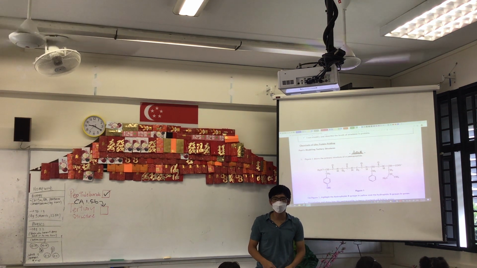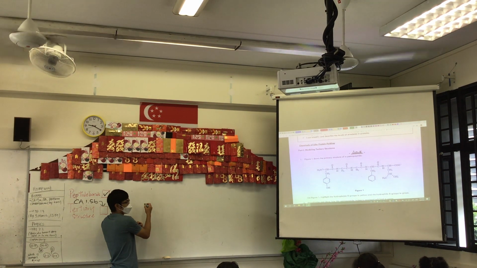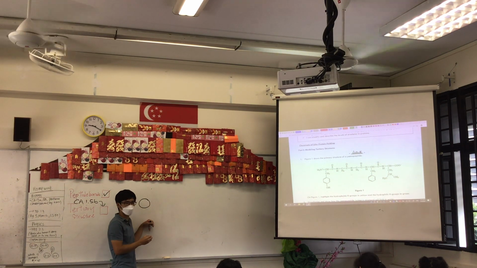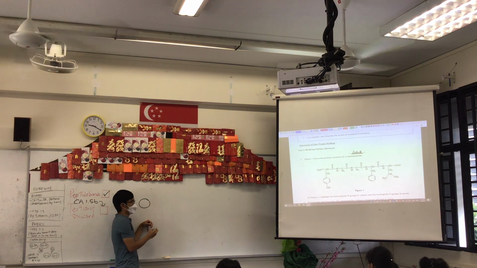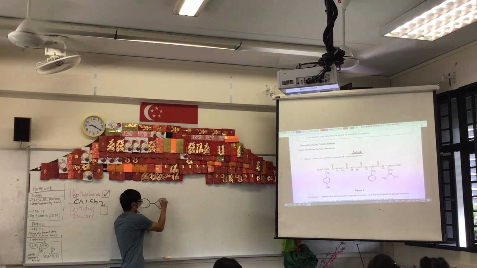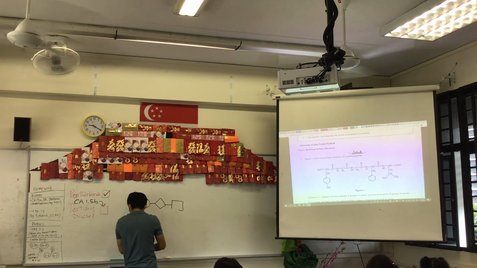Now let's draw a cartoon version of this amino acid. Everyone follow me. First amino acid, I'm going to draw it as a circle to represent the hydrophilic amino acid. Second amino acid onwards, I'm going to use squares and diamonds to represent hydrophobic R groups.